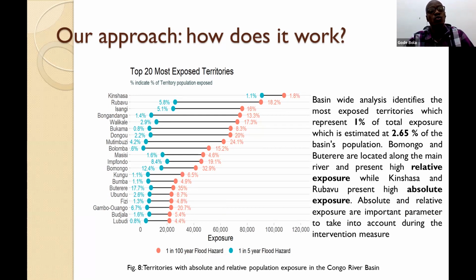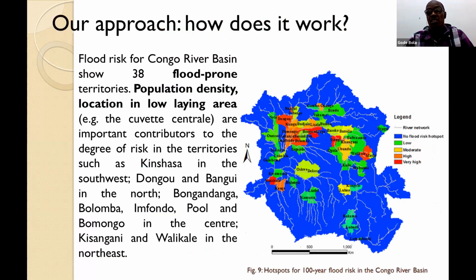Relative to the hotspot area, using the open access data, mostly the remote sensing and this flood hazard map, we found almost as reported by DFO. DFO reported that there were almost 34 flood-prone areas within the Congo Basin. And from analysis using this flood hazard map, we found that the Congo Basin has almost 38 flood-prone areas.